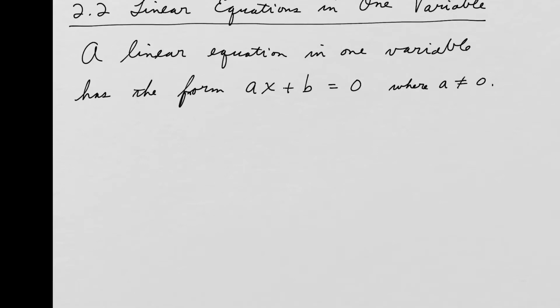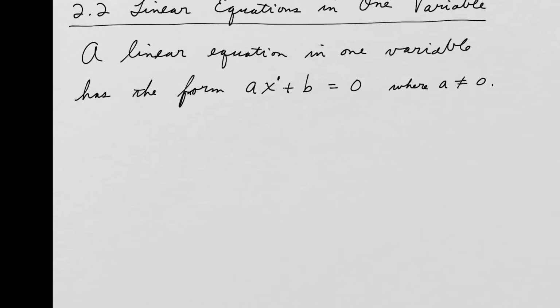Basically there's one variable, just the x. The a and b are just real numbers. What makes it linear is the fact that the x is to the 1 power, the exponent is a 1. And the thing that actually makes it an equation is that there's an equal sign.